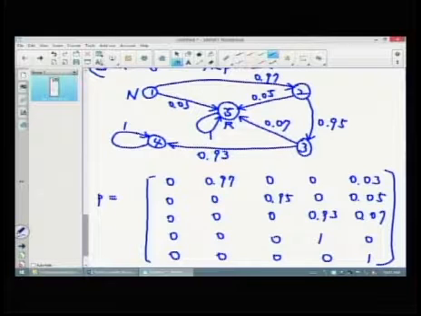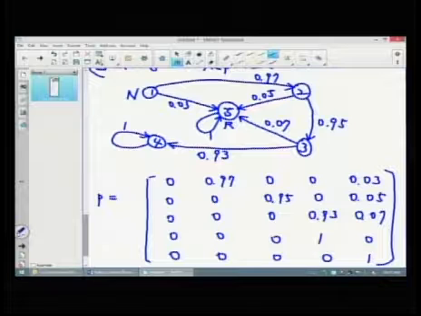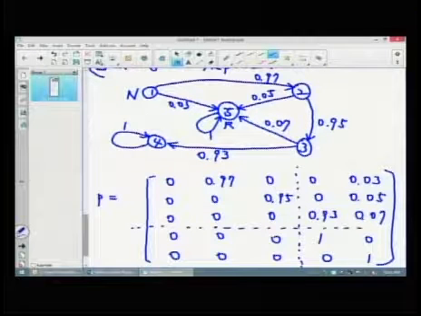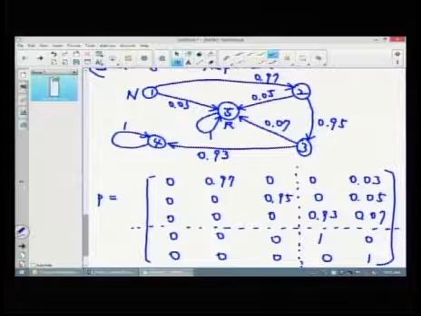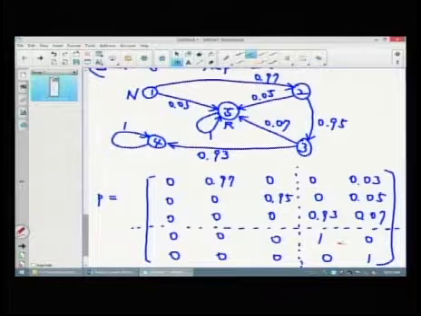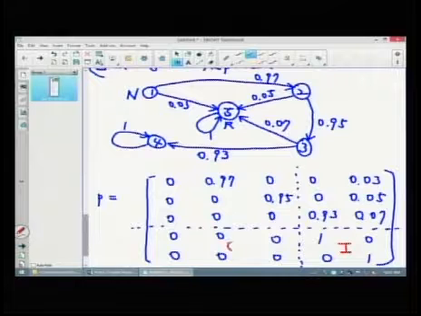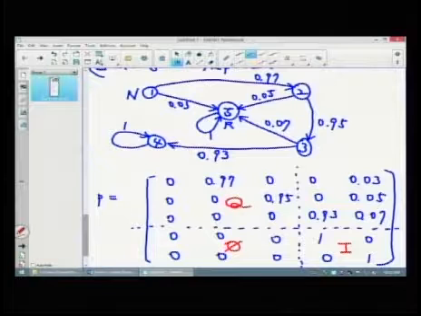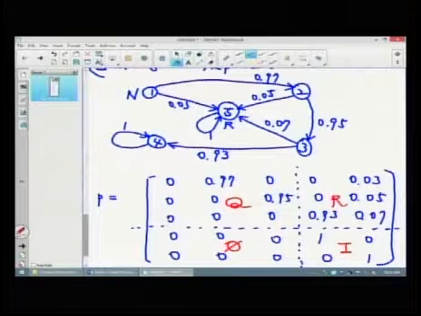Okay. As before, the next step is partitioning of the matrix, like this. So we have the identity matrix, zero matrix, and up here we have the Q matrix and R matrix, right?